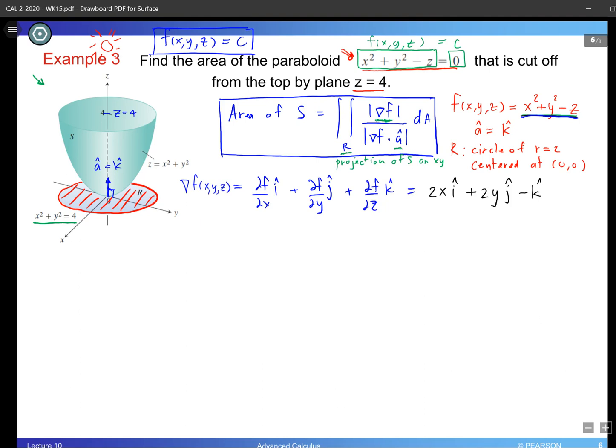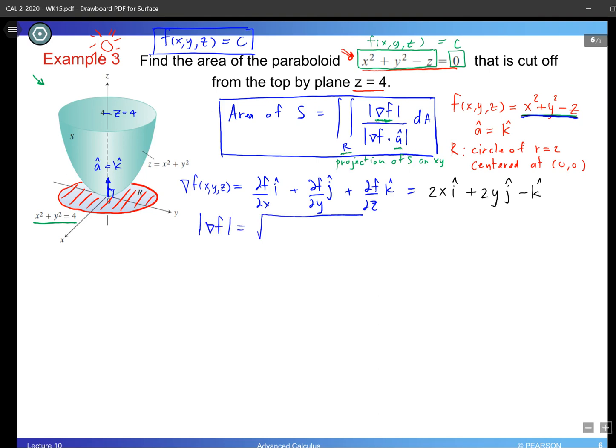Now the next term that we need is the absolute value of the gradient of f. Let's find that. The absolute value of the gradient of f is going to be equal to the square root of each component squared, summed together.